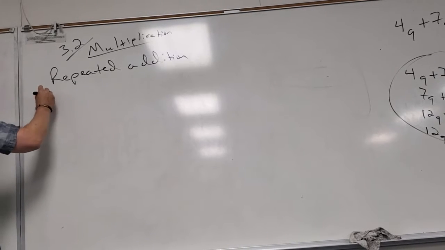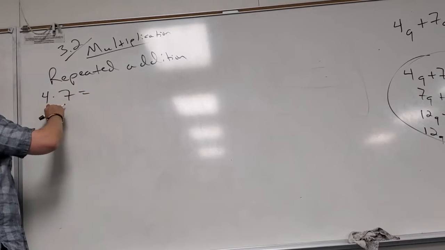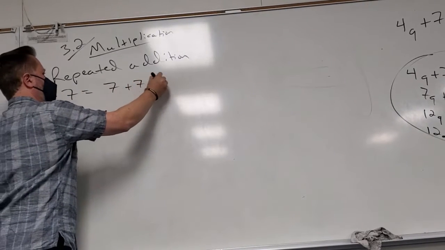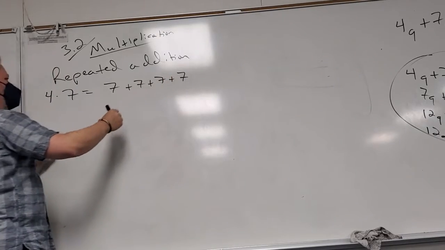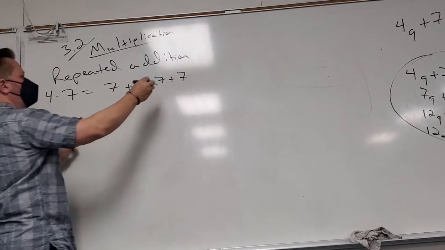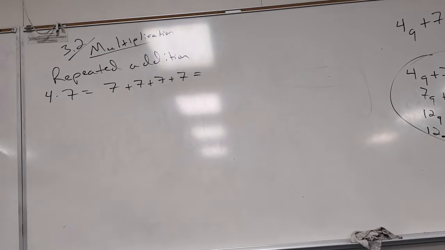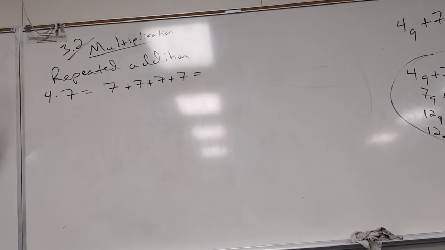So, one example, 4 times 7 is 4 groups of 7. So this would be 7 plus 7 plus 7 plus 7. And students at this point, when you go to start talking about multiplication, they've done all their addition stuff, they know addition pretty well, and that's why you want to try to build on that, right? And the memorization will kind of flow, but they'll see where this is coming from.